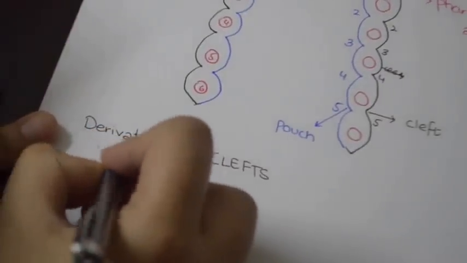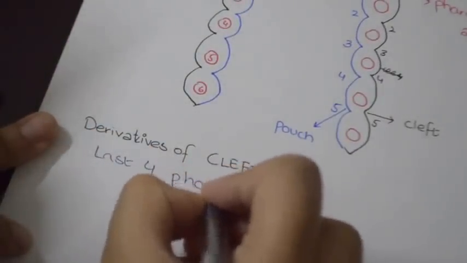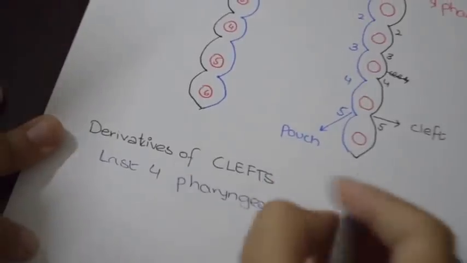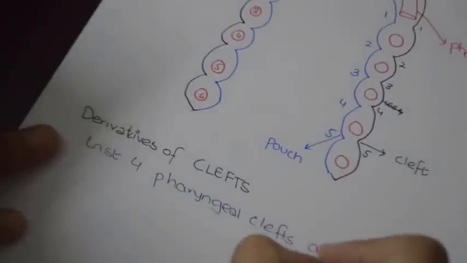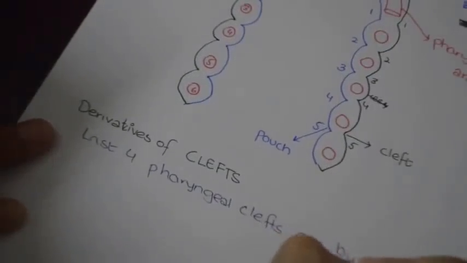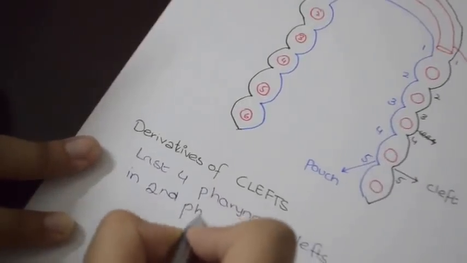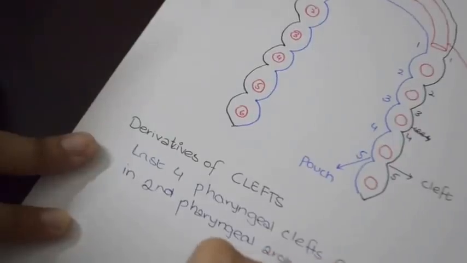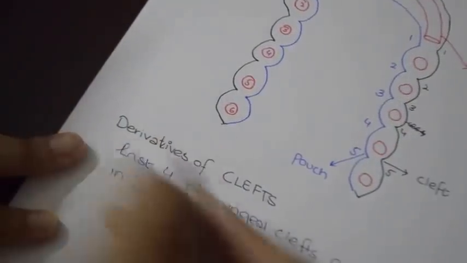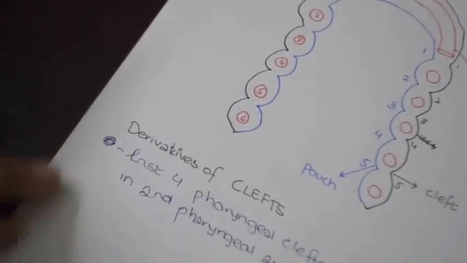So you can write it down: the last 4 clefts are buried in the second pharyngeal arch. This is the first point that you need to know. Just write it down and remember it.